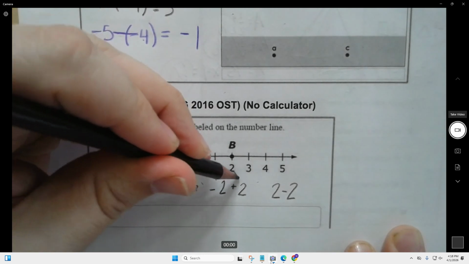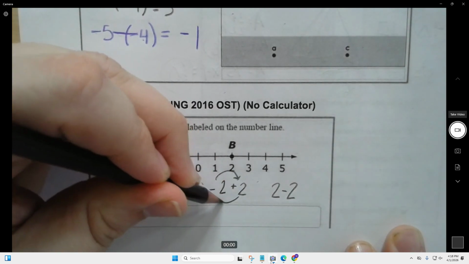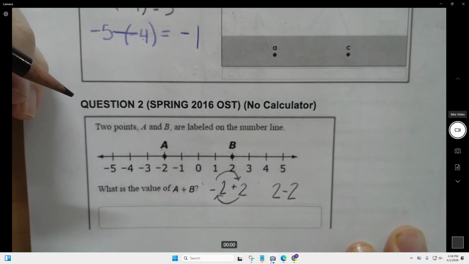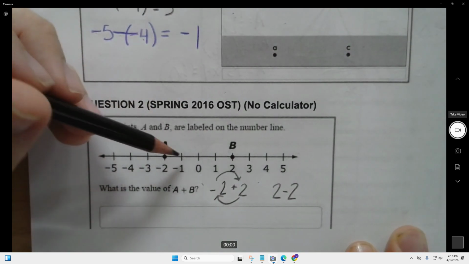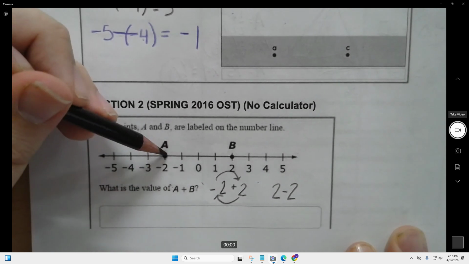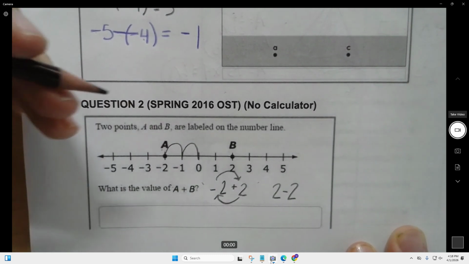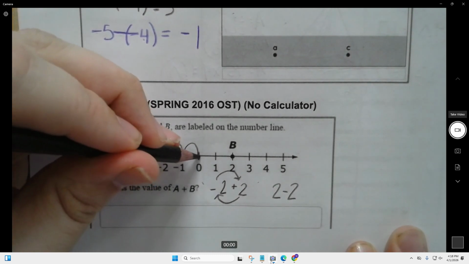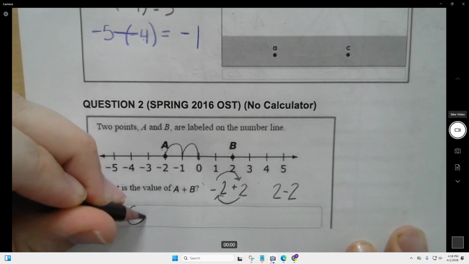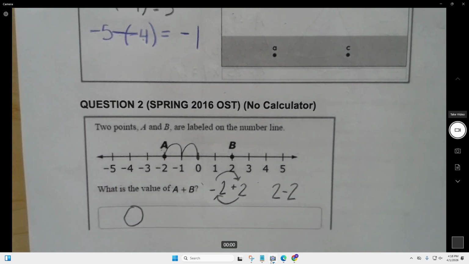Just move the -2 over here and the +2 over here. Or you could use the number line. You're at -2, you're adding 2, so you move to the right 1, 2, and you're now at 0. Either way, whichever way you slice it, it's 0.